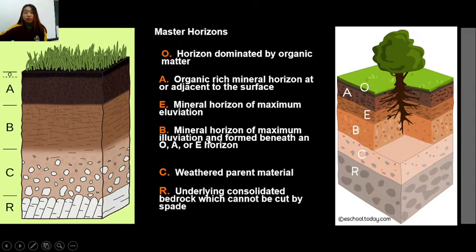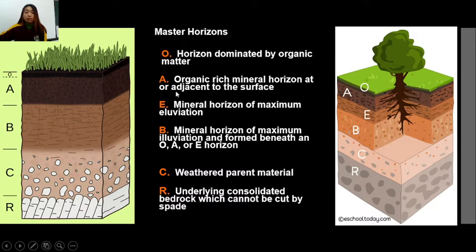That is why the B horizon is called the illuviation horizon. The B horizon is the mineral horizon of maximum illuviation, formed beneath an O, A, or E horizon.